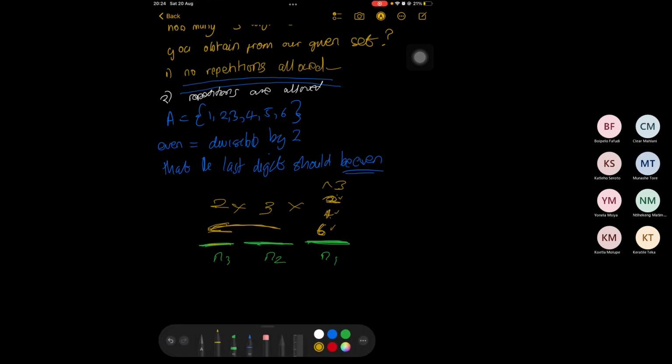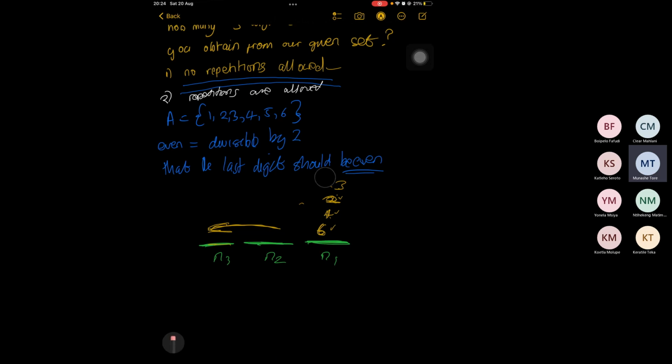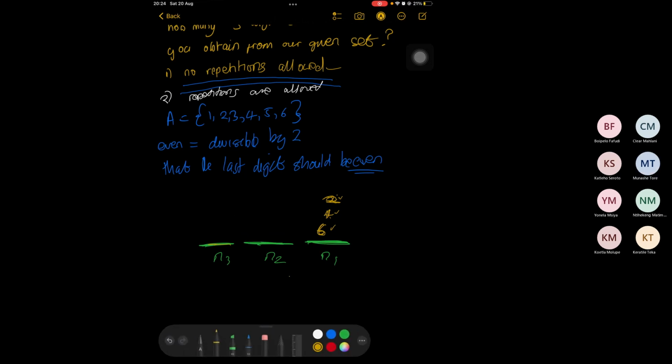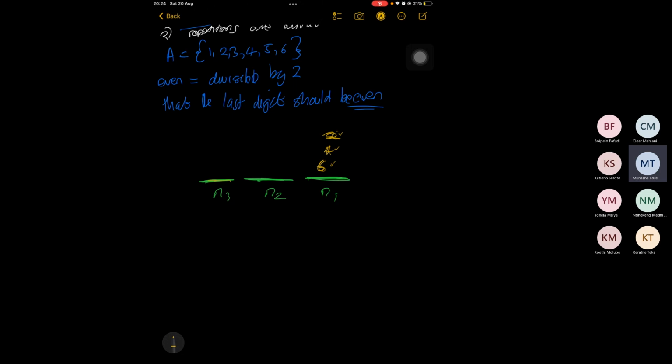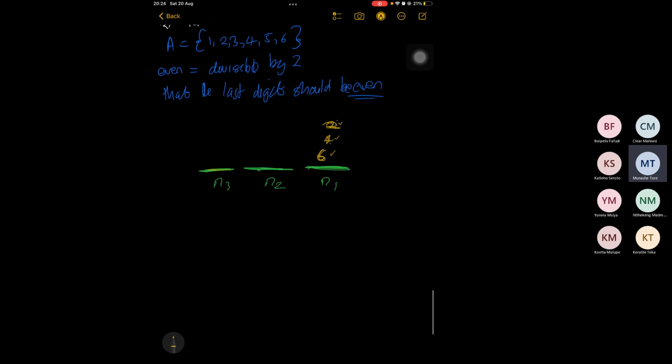But there's a case now where, let's assume, we already said that for a number to be even, we have 2, 4, and 6, isn't it? So for it to actually be an even number, the last number on its own should be even. But let's assume we put a 2 here.